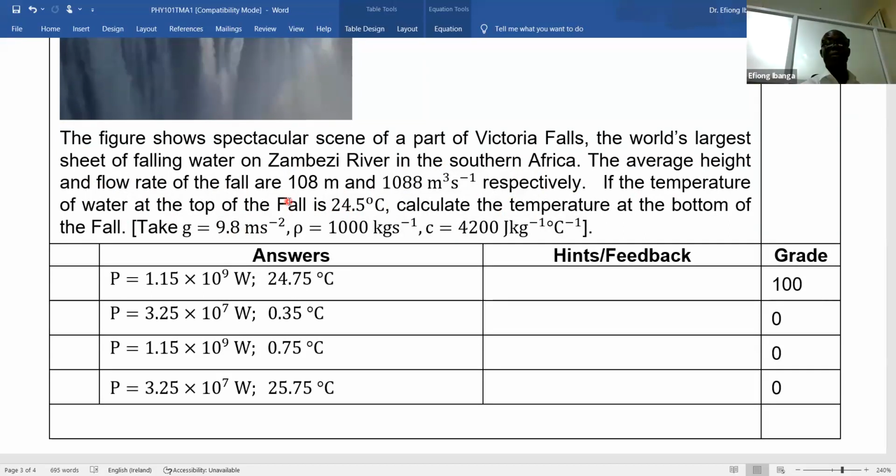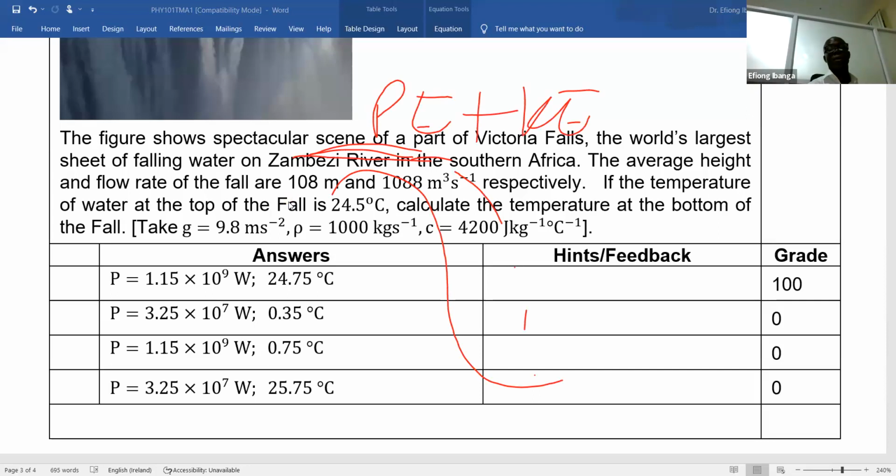Let me show you. The water falls, then it tumbles. At this point, this is PE. Of course, it also has kinetic energy here, because the water is moving.